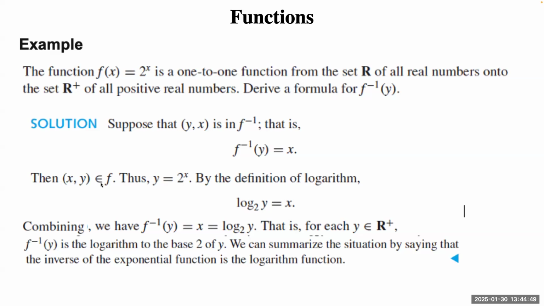Thus, (x, y) is in the function, and thus y equals 2^x. By definition, the inverse function of 2^x is log base 2 of y equals x. Combining the facts, f inverse of y equals x equals log base 2 of y. That is, for each y in R plus, f inverse of y is the logarithm base 2 of y.